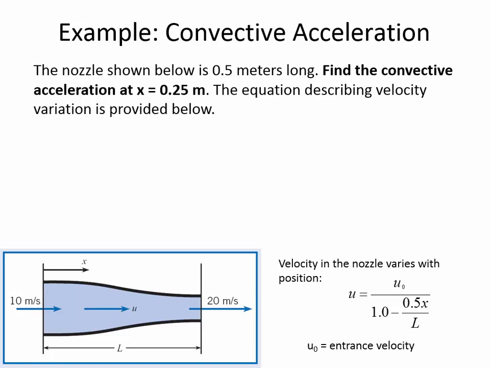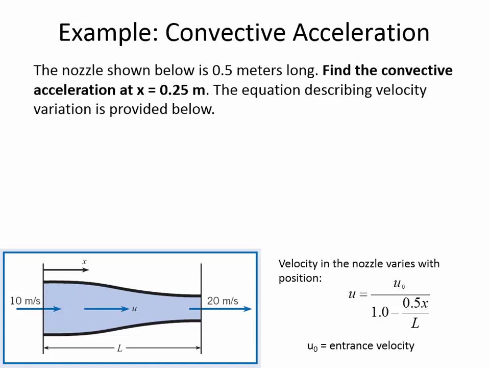So what I'm saying is for x equals L and our initial velocity is 10 meters per second, just as our first little exercise here, then what is the velocity? It's 20 because if x is L, then that's going to be 0.5, right? So 1 minus 0.5, that means 0.5. So 10 divided by 0.5 gives us 20. All right, so at first glance, this equation appears to be legitimate.